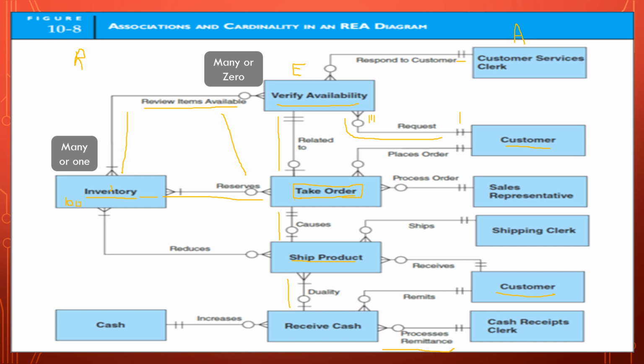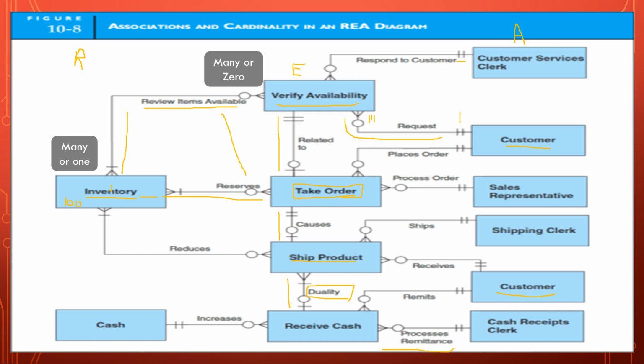Okay, that's how we relate the events. But the duality relationship between events, which is the exchange, give and receive events, is different based on the rules of the organization.